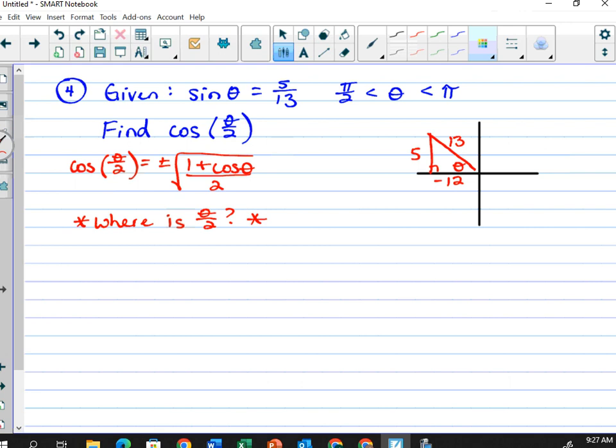So, a few ways you can go about that. I'm actually just going to divide everything by 2 to tell me where it is, because that will create a theta over 2. What quadrant am I talking about now? First.